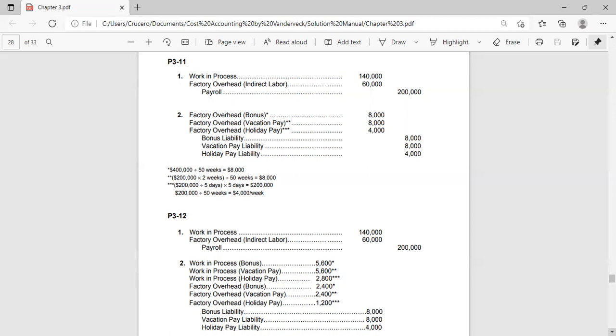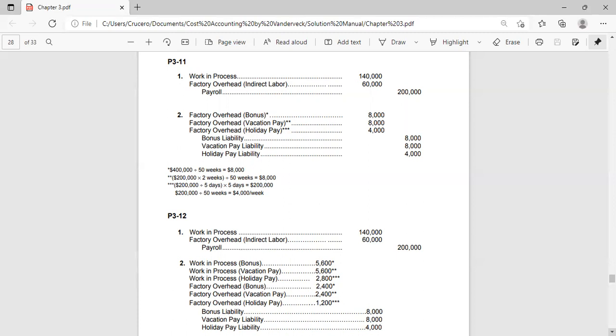So we now get the computations. The total factory bonuses are 400,000, and then we divide that by 50 weeks, so it's 8,000 for 1 week.